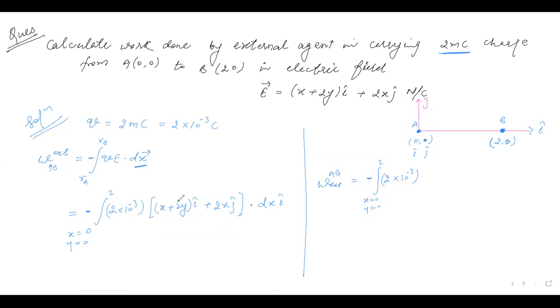Look at here. Multiply this value with dx i and 2x j. I mean, j cap is 0 here. You can take here 0j also. So we can write it x plus 2y dx plus 2xj plus 0j is equal to 0.